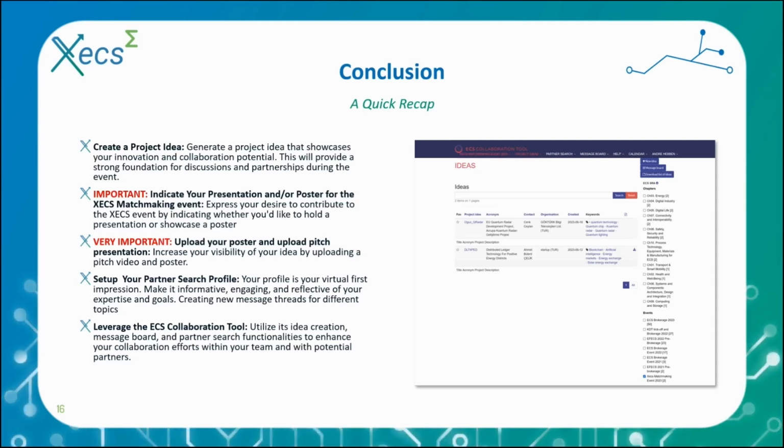Don't forget to upload your poster file and your pitch file, and to set up your partner search profile inside the tool, so people are able to find you and connect with you if you have certain relevance. And you can leverage this tool to create new consortia, but also to create new networking opportunities.